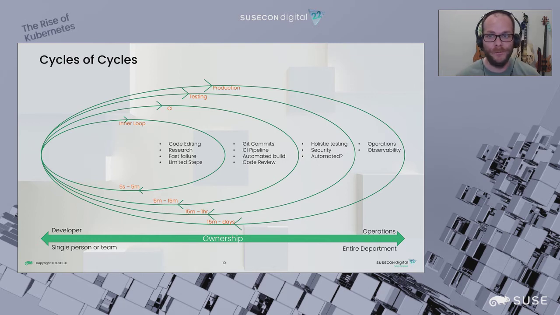As we kind of move between these cycles, the ownership kind of moves from the developers on the inner cycle to operations, the operations team, obviously working in production. And the responsibility of that, for the inner loop, is typically a single person, maybe a team if you're doing mob programming, which is an amazing practice, to on the far right side, the responsibility should be owned or shared by the entire department at that point.